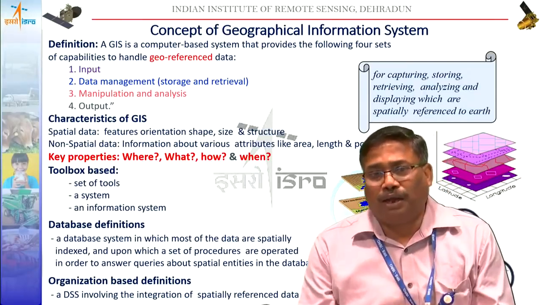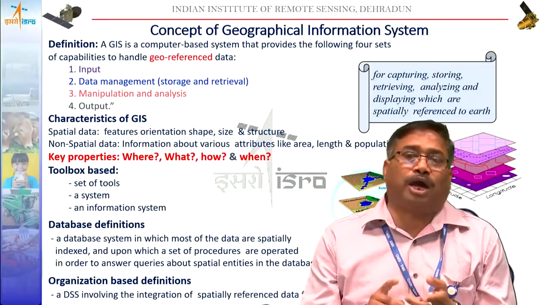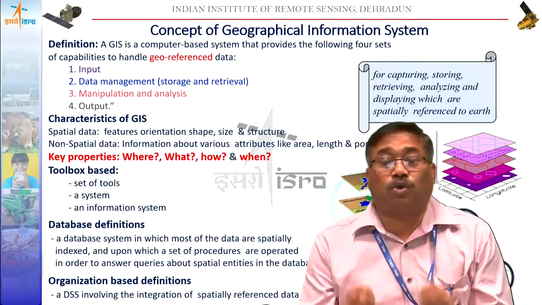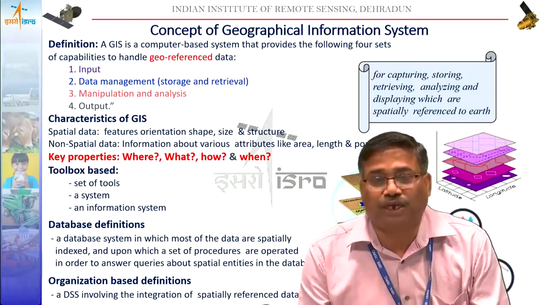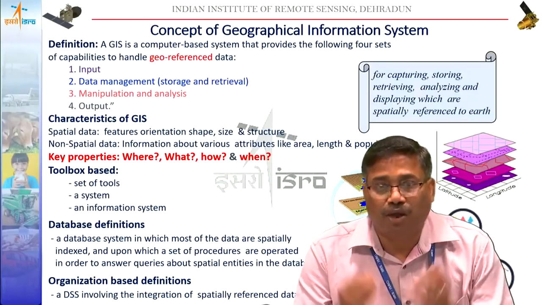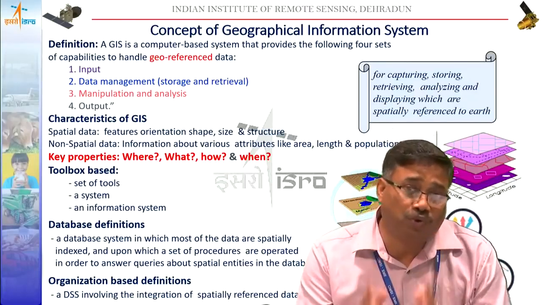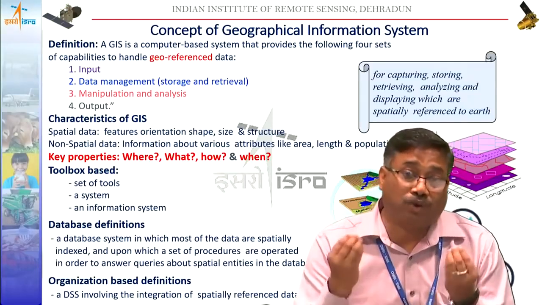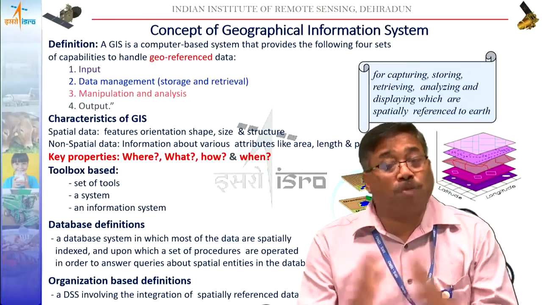The second part, the key properties of GIS, is where, what, how, and when. As mentioned by the previous speaker, where means where is that object, where is that facility, where is that raw material, where is that finished goods. Everything lies with where. So you really have to capture that geospatial data which has latitude and longitude, and this latitude and longitude has to be precise.